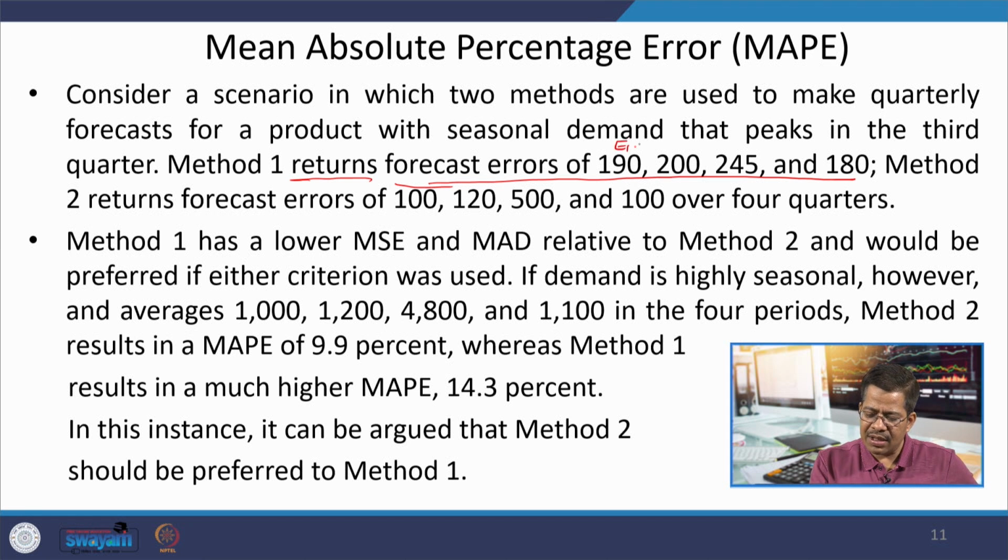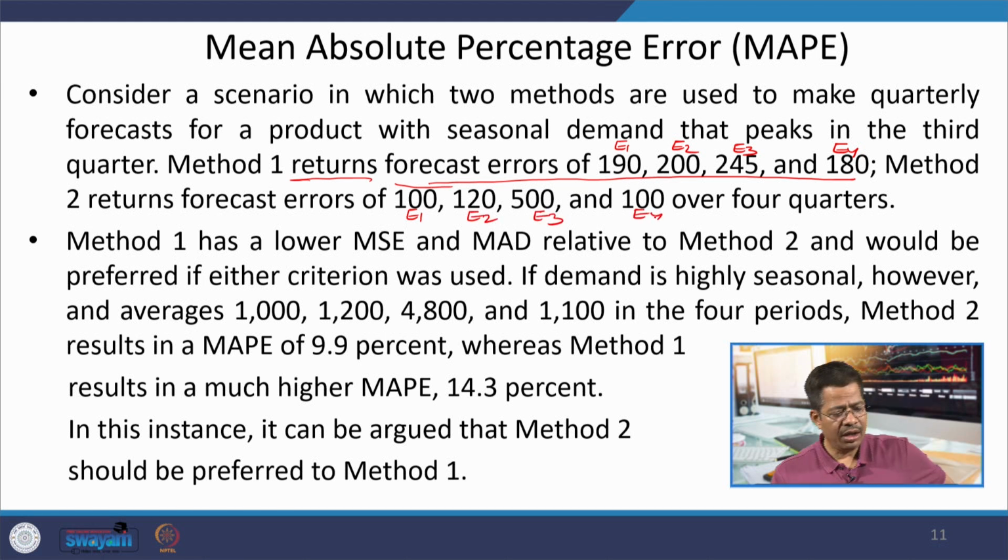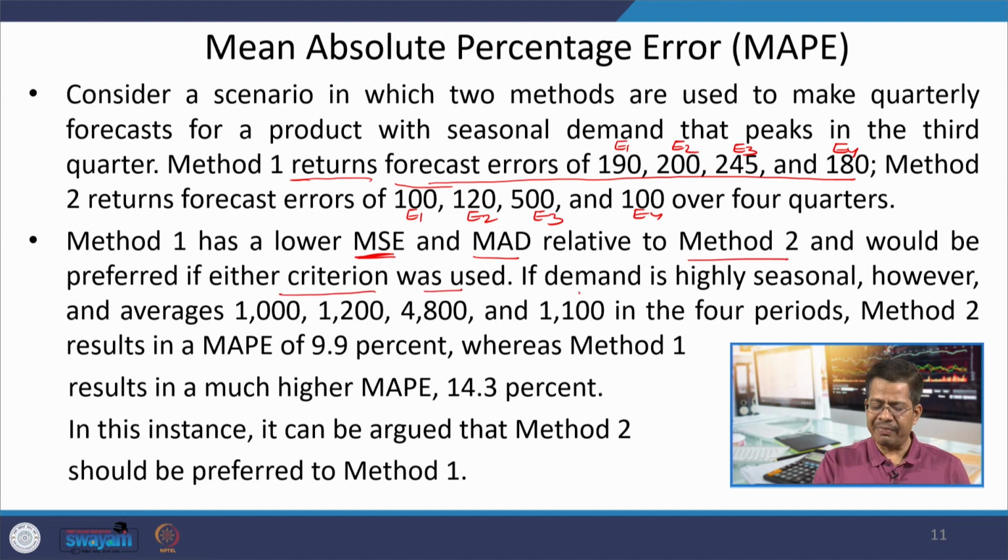You can say these are E1, E2, E3, E4, and the other method is giving these values of E1, E2, E3, E4. Now, method 1 has a lower MSE and MAD relative to method 2, and would be preferred if either criterion was used. So, if you see method 1 and method 2, the individual values are given to you.